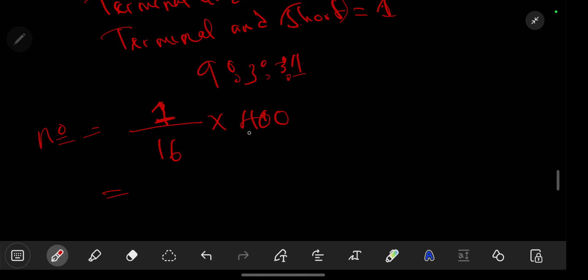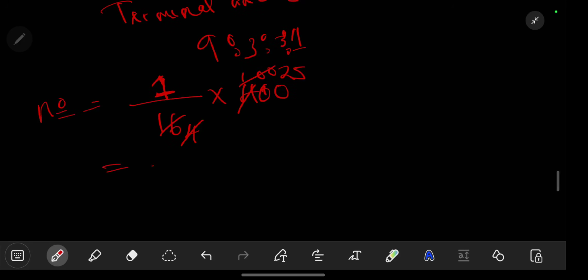We are going to divide 4 into this to remain with 4 hundred, that is 1, 0, 0. Then we are going to divide 100 divided by 4 is 25. Never forget that you are not allowed to use the calculator for biology.